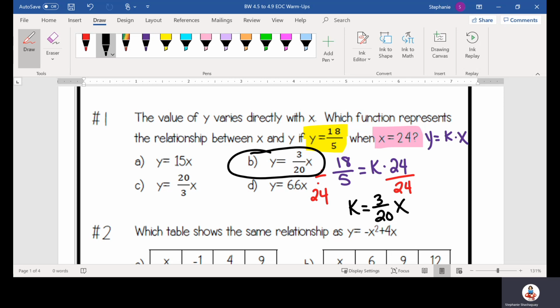If you don't understand how, then let's go over this real quick. So we've got 18 over 5. And that's going to be divided by 24, which is the same thing as being multiplied by 1 over 24. Sorry.